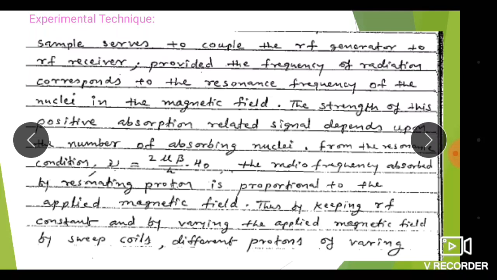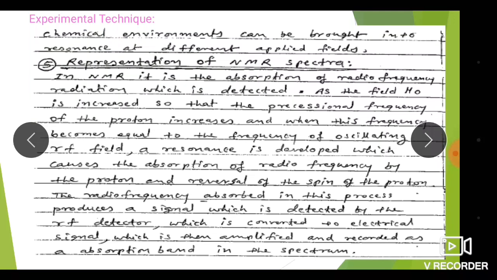So the radio frequency absorbed by the resonating proton is proportional to the applied magnetic field. So the frequency nu is directly proportional to the applied magnetic field. By keeping RF constant and varying the applied magnetic field by the sweep coil, different protons of varying chemical environments can be brought into resonance.